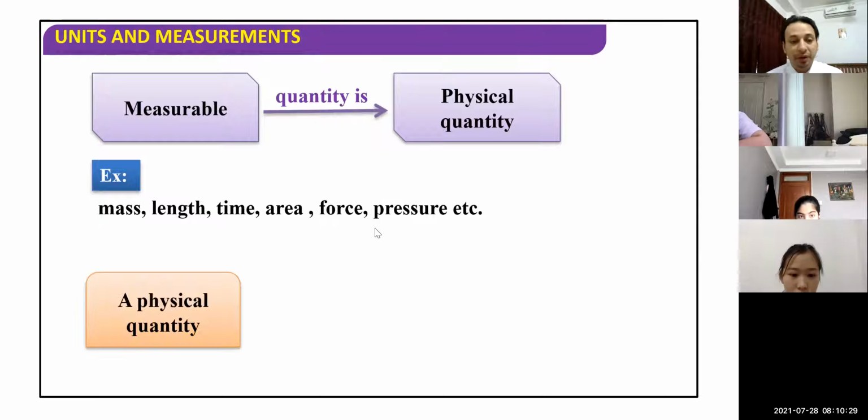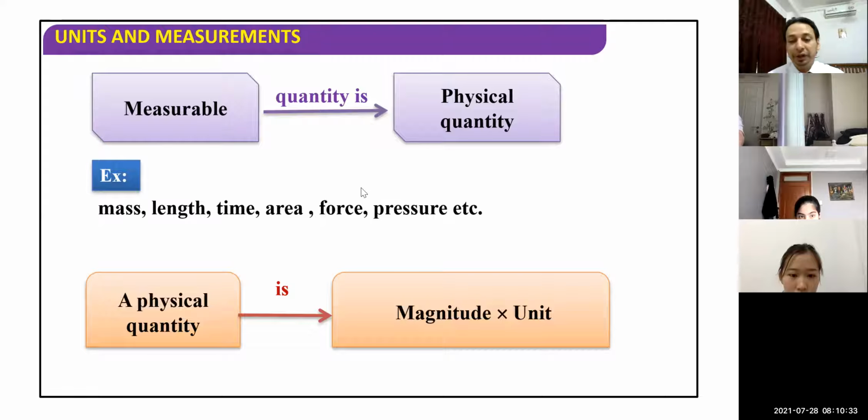Then after this, children, a physical quantity means it is a measurable quantity. So whenever we measure a quantity, how is it always written? Magnitude of that quantity multiplied by unit. It's a basic formula, a basic technique, students. Please remember it.